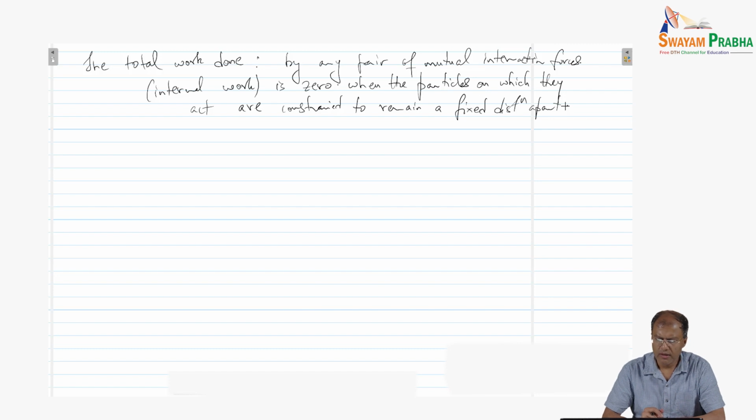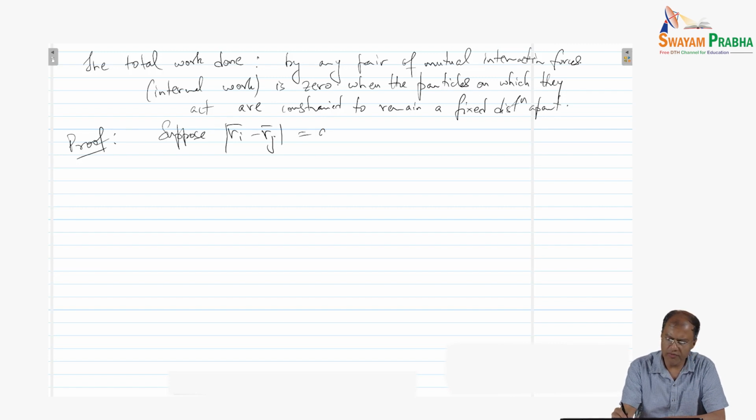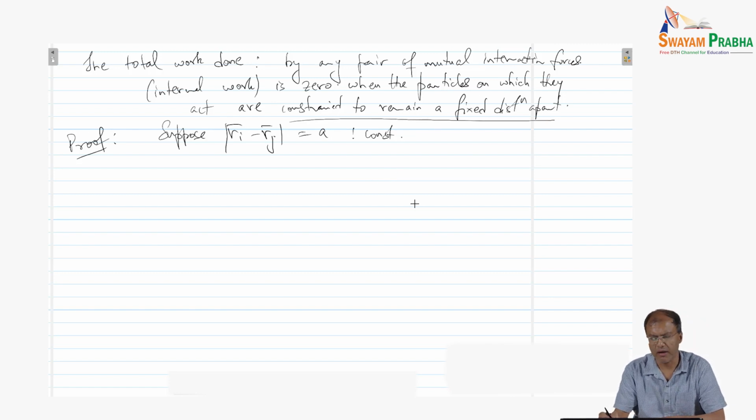So we want to show that this is true. Let us keep this statement as a result, and let us try to prove it. So the proof: suppose Ri minus Rj is A, which is a constant, and we are assuming that the particles remain at a fixed distance apart.